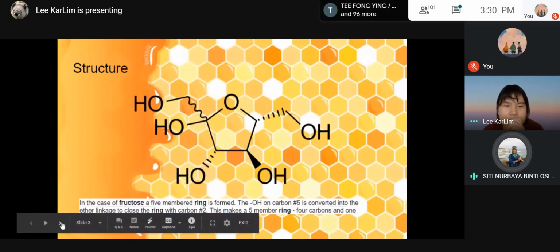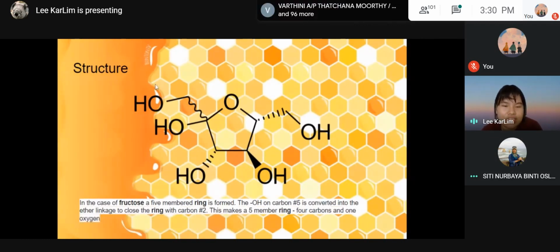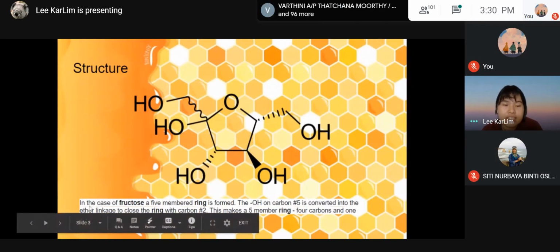This is the structure of fructose. In the case of fructose, a five-member ring is formed.